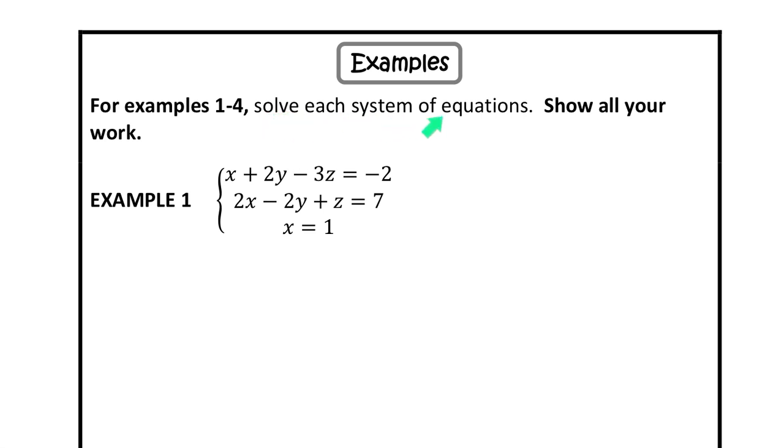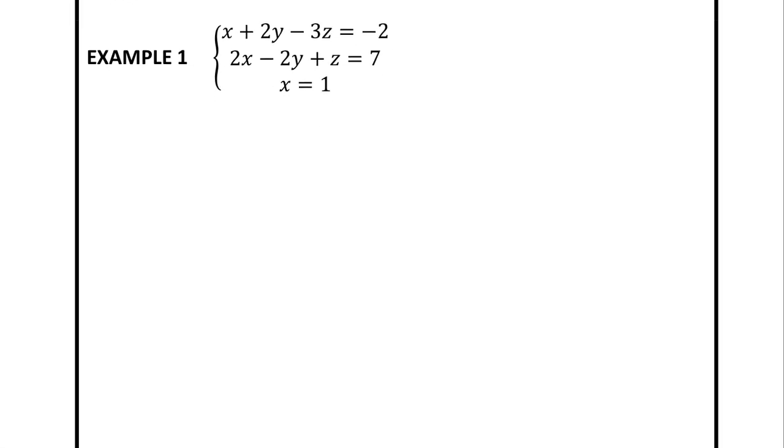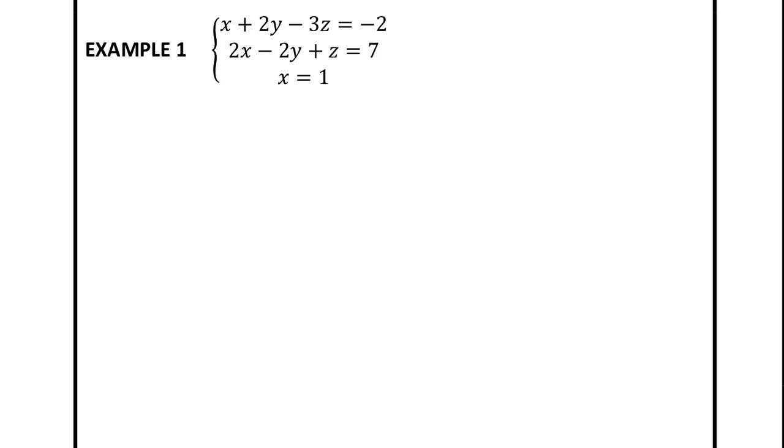The instructions are: solve each system of equations, show all your work. Okay, so I'm going to break down how to solve each one. Let's take a look at this first one. We have this first equation, second equation, third equation.